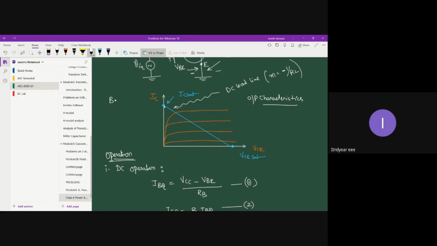Why? Because the slope is decreasing in nature, right? That's the reason the negative sign has to be incorporated, and the slope is 1 by RL, where RL is the value of the load resistance. At the center of the load line, let us choose the Q point. So this is your Q point, and what are the coordinates of the Q point? The coordinates are VCEQ and ICQ.